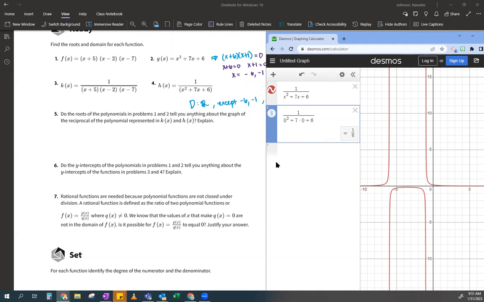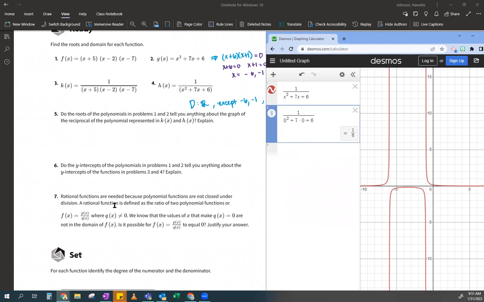Huh, I never thought about it like that. That's what your brain should be thinking, like, oh, that does make sense. So they're trying to make you put connections together so that your brain makes sense of them, right? So again, the y-intercept here, if you take the reciprocal, was your y-intercept as well down here, 1/6. Which makes sense, right? Because I plugged in 0 both times.